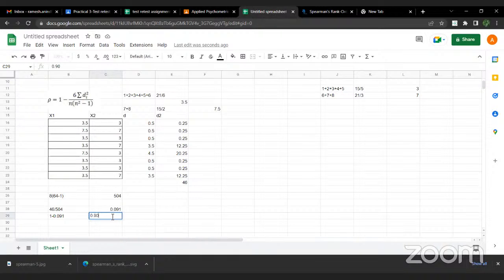Let's just stop it with that, or we can change it to 0.91, since our value after the 0 is 9, we can round it to 0.91.